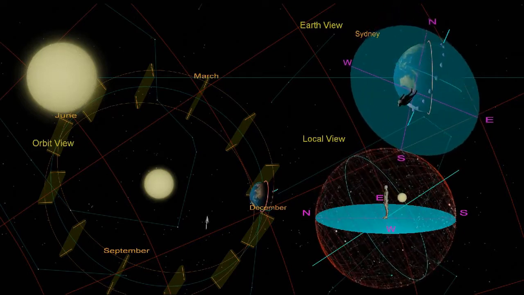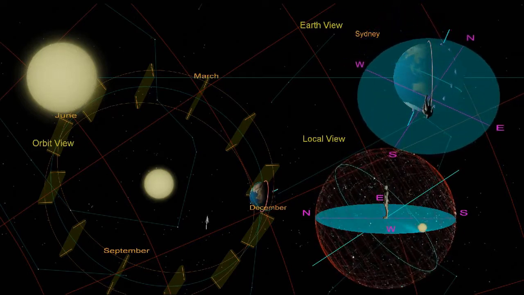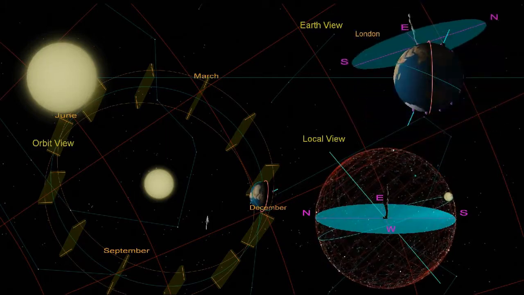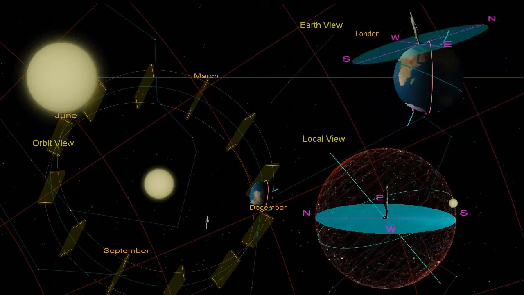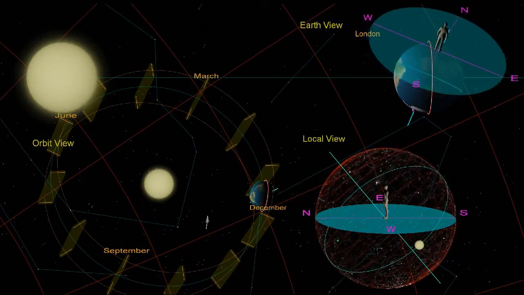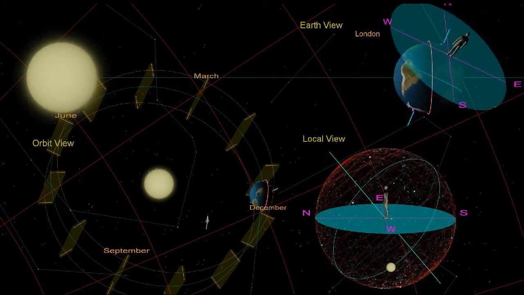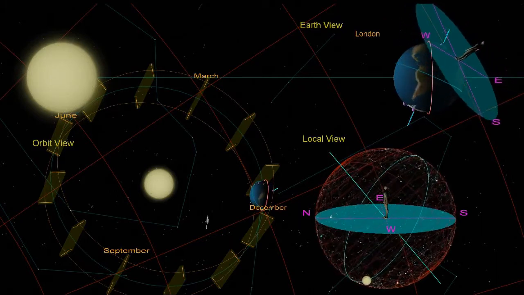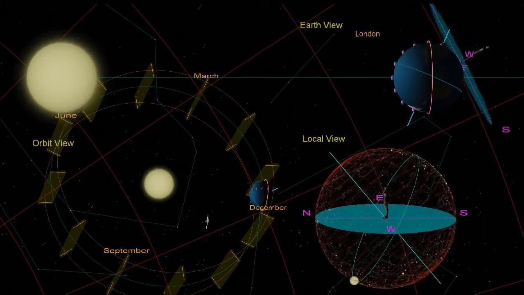Now let's have a look at a figure standing in London. For this figure, the sun is taking a very long path underneath its horizon at night time.